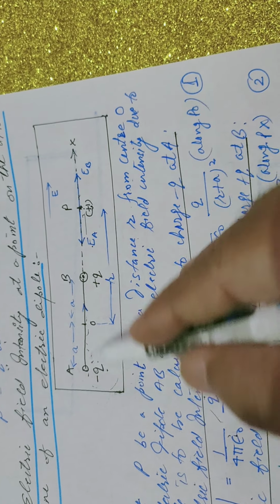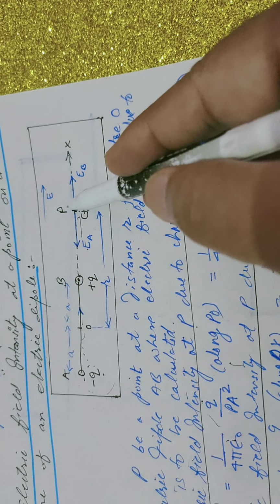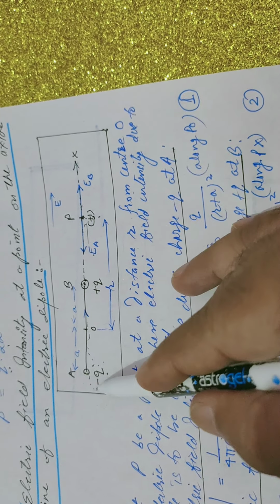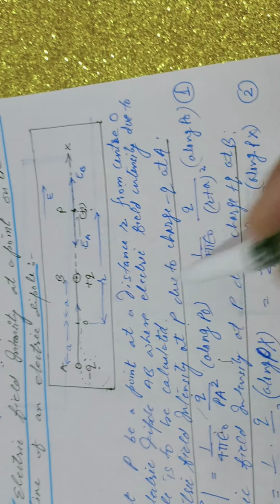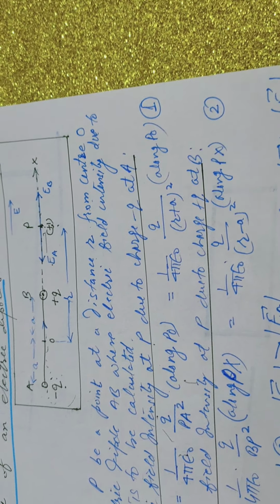Why have I written it PA and not AP? Because EA is along PA, because this negative charge will attract this plus 1, so this will be the direction of EA. That is why I have written the distance to be PA, and for PA it is r plus a. P to A is r plus a, so it is (r plus a) square.